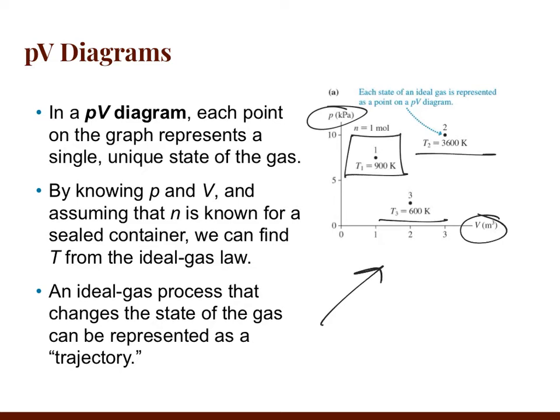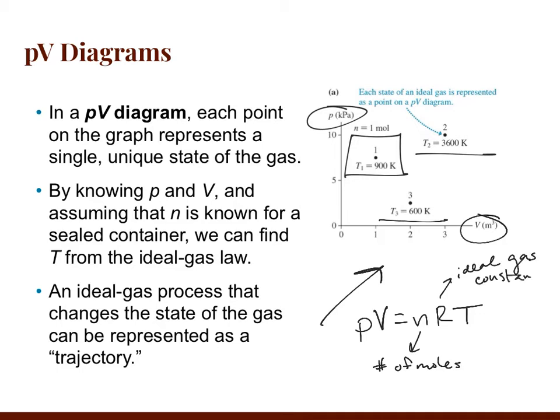And this temperature could be found using the ideal gas law, which is PV equals nRT. Should look familiar from chemistry days. n is the number of moles of the gas that you have. R is the ideal gas constant. And the other three variables we have been talking about. So each pressure volume diagram is for a specific number of moles of that gas.